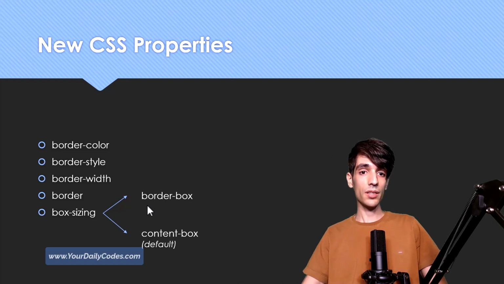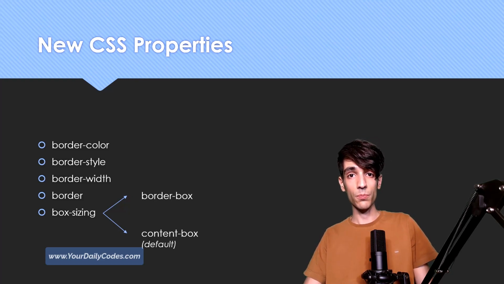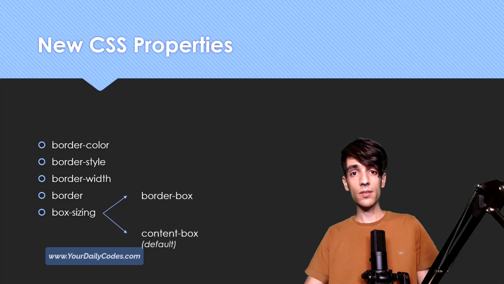So this is the way that we write our border. And for box sizing, this is a very good thing. You need to know the difference between border box and content box, and the default value is content box. So this is it for this session, and I hope to see you in the next one.